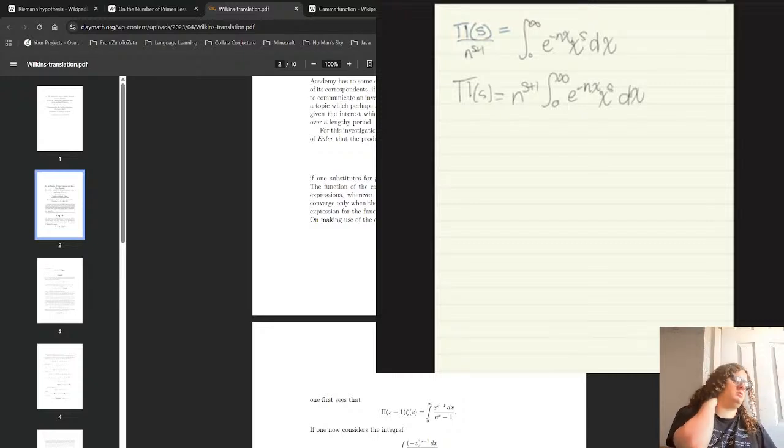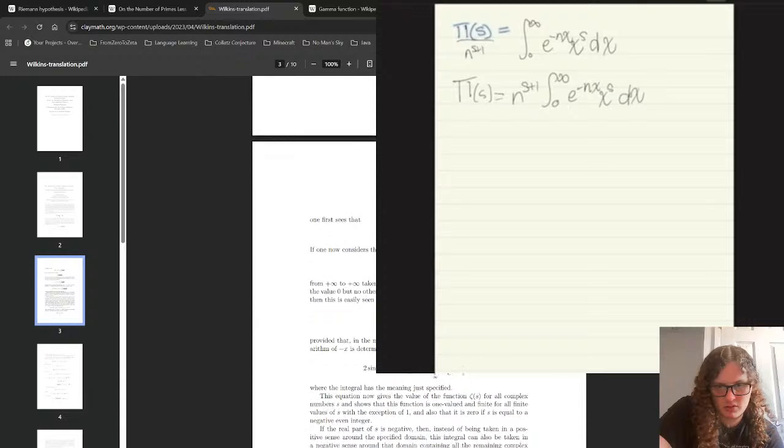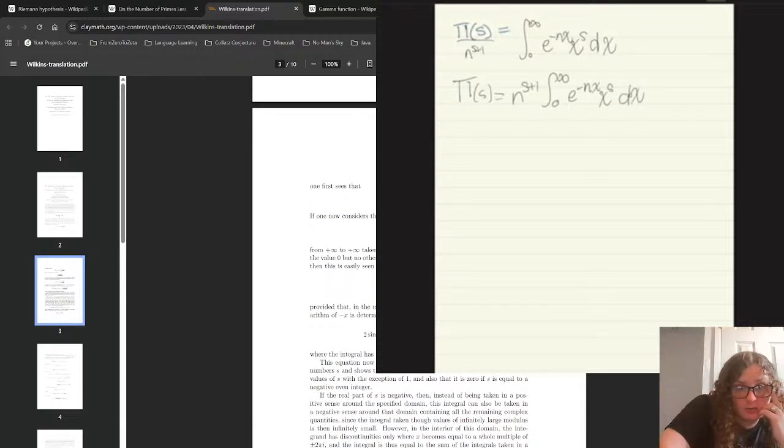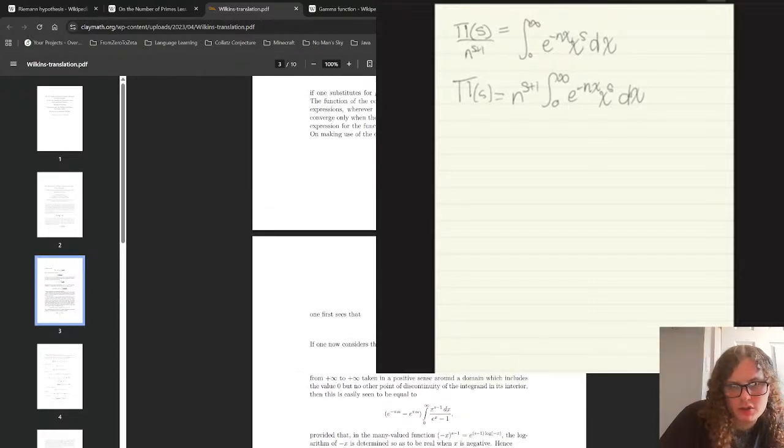So, if we use this as a definition, what is going on here? Now the zeta function suddenly shows up. Oh, right.